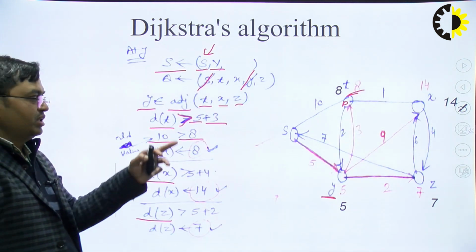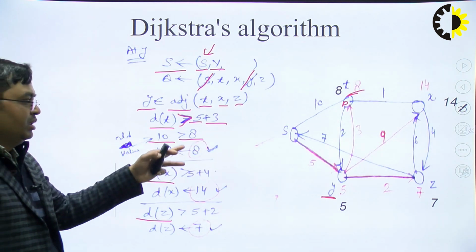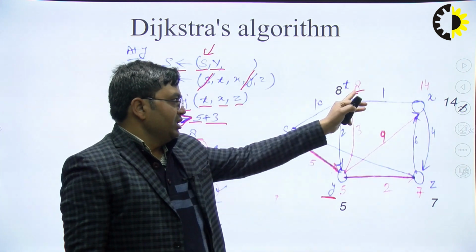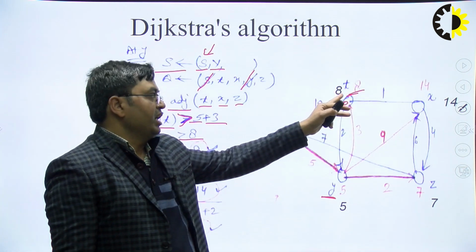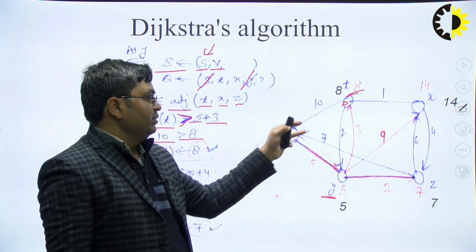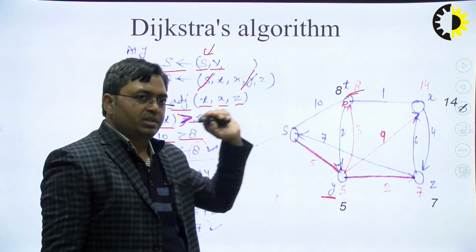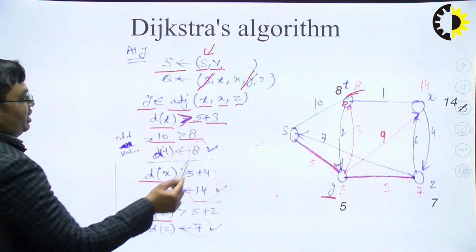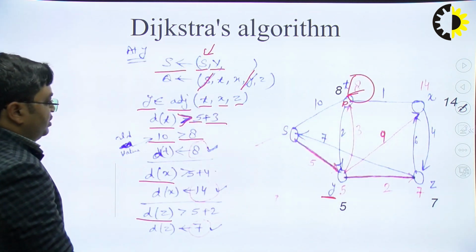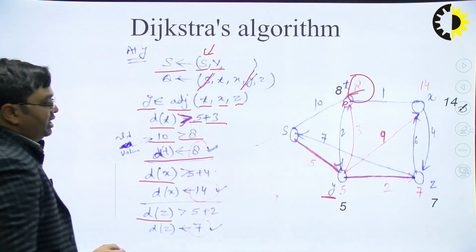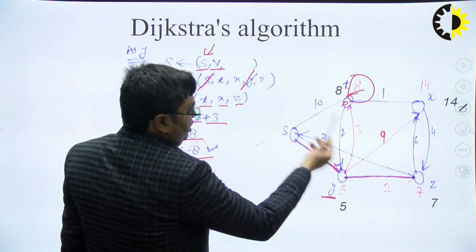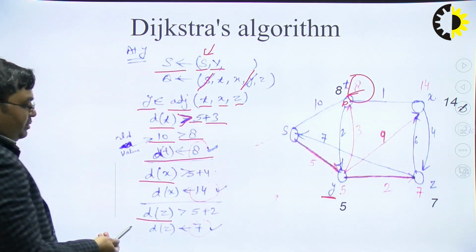It means the shortest path we have discovered from the source node has cost 8, so we have to initialize dt as 8. Next, any other shorter distance is not possible.